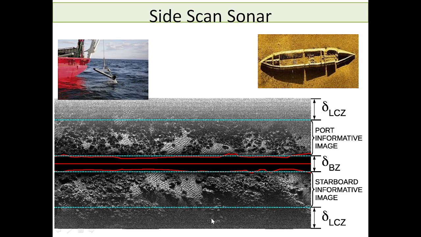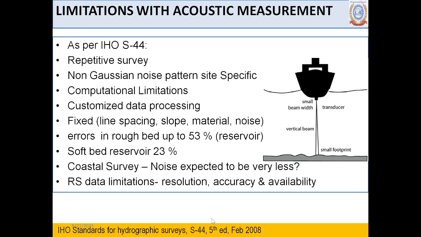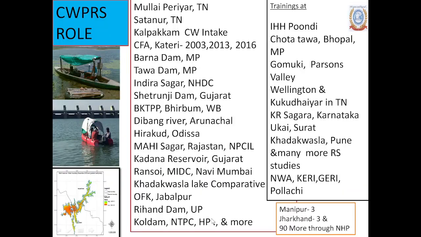So this can give you very precise information, and even a small crack in the dam wall can be monitored. So this is a very important required parameter. Even at Indra Sagar, they expected there may be some seepage taking place, so we used side scan sonars to inspect it.